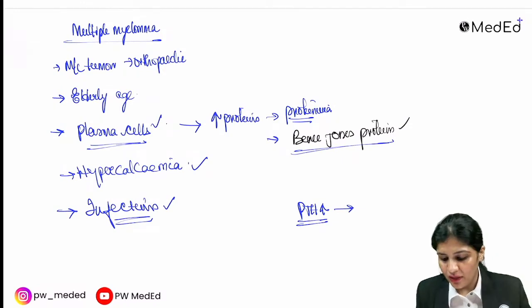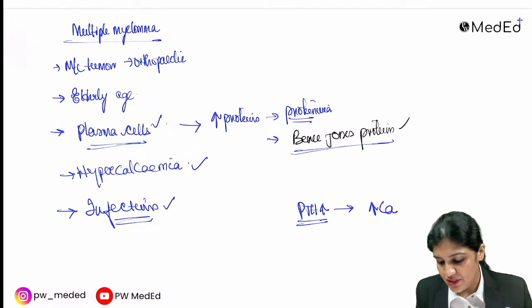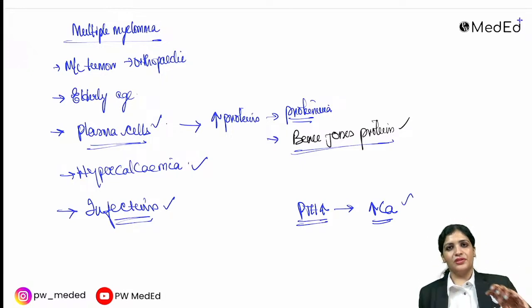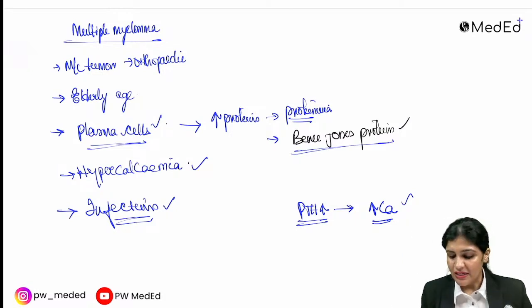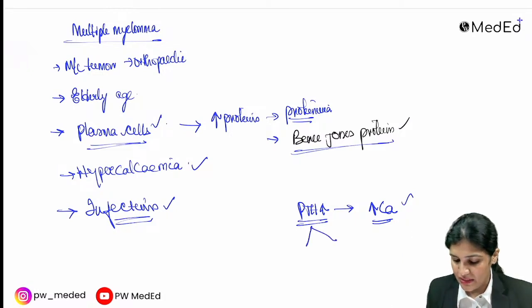parathormone is important for increasing your calcium, right? So because of this increase in calcium, again you will have all the symptoms of hypercalcemia. An increase in the parathormone because of the parathyroid itself is called primary.